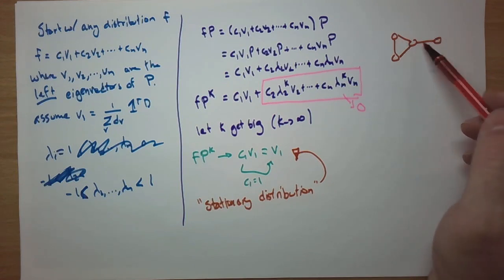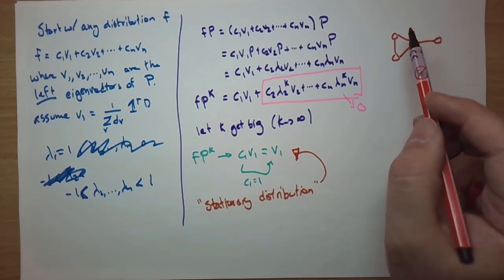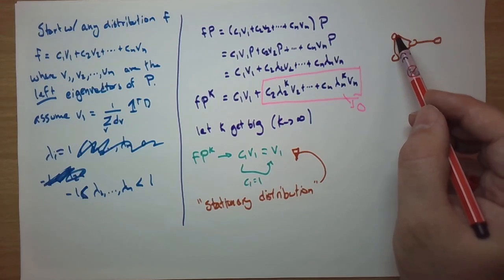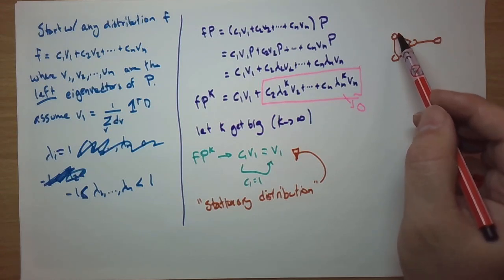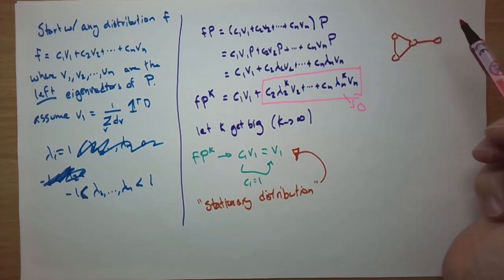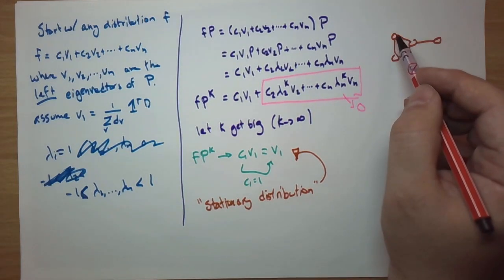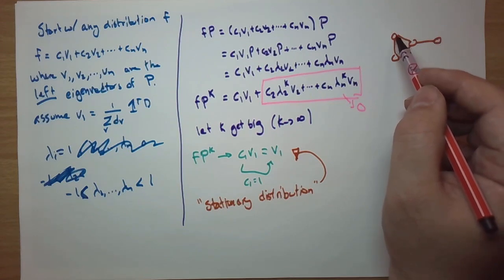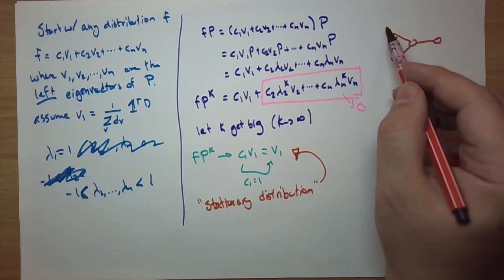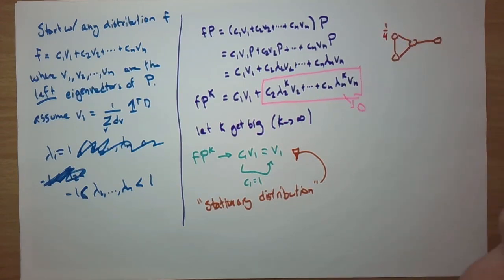Yeah, 2 plus 2 plus 3 plus 1. So, if I have a vertex of degree 2, then the stationary distribution says the probability that I'm at that vertex is 2 over 8, which is 1/4.